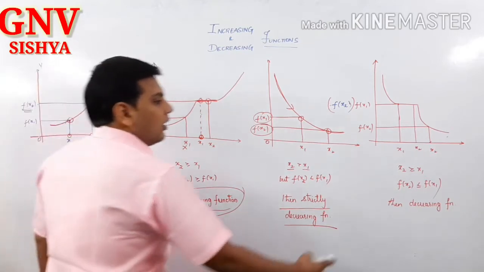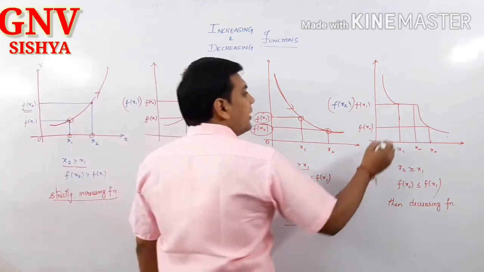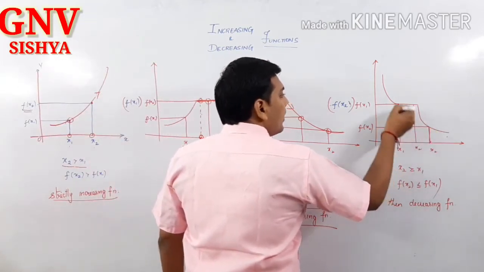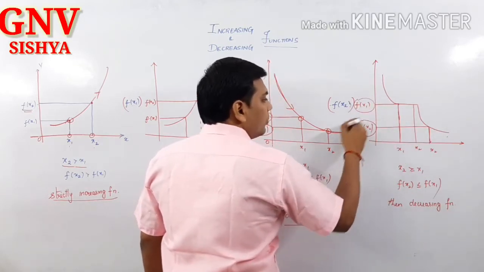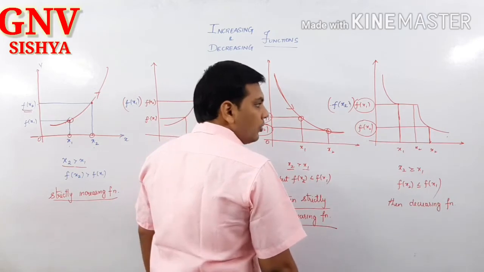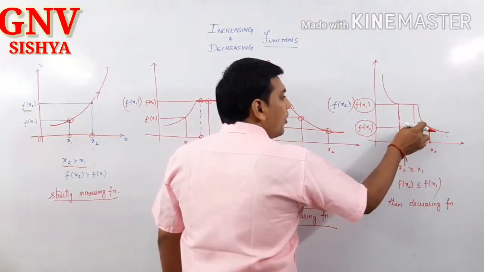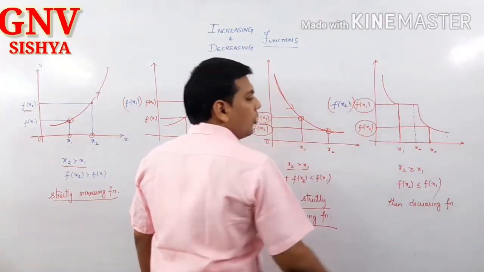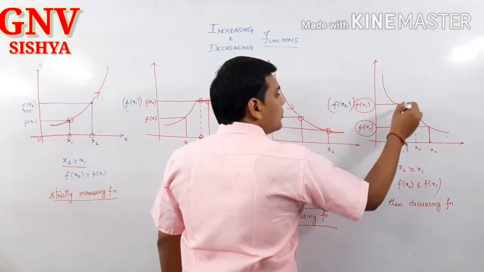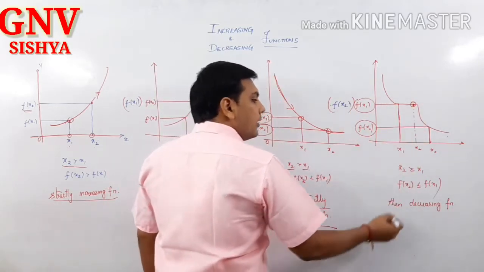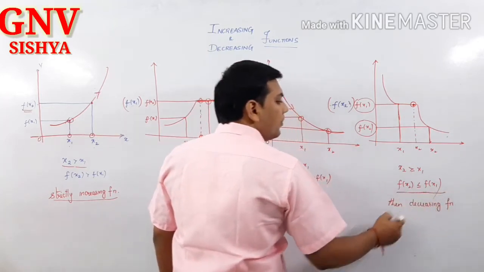Okay, now listen about this one, decreasing function. What happens? Again I am taking x2, again I am taking x1. Now your f of x1 is greater than f of x2, correct? Yes, so it is said to be decreasing. But at some point what happens is, if I am going to draw a dotted line x2 here, your x2 value and x1 value will become equal. So at equal condition, f of x2 will become f of x1.